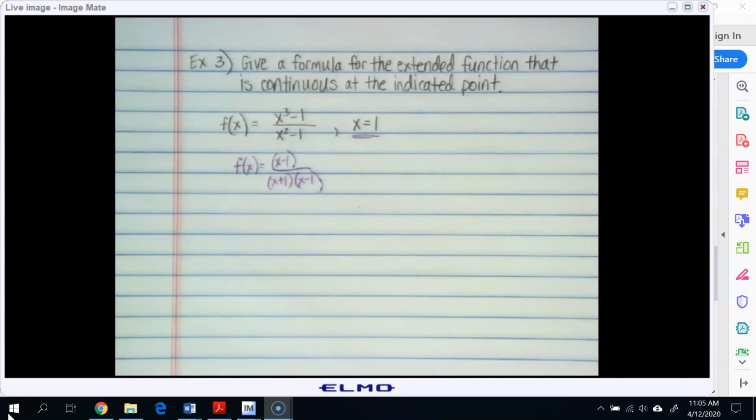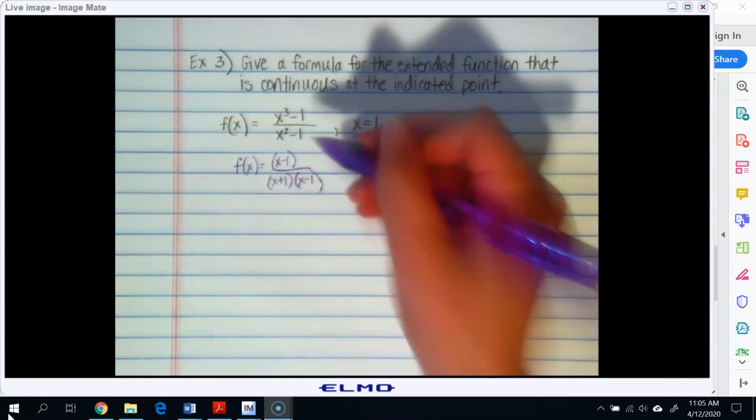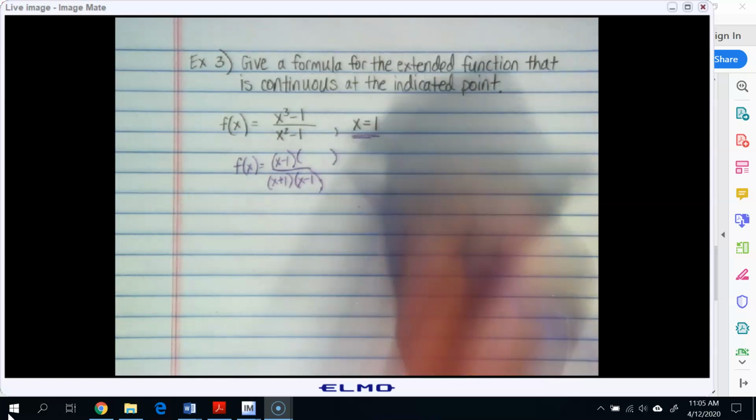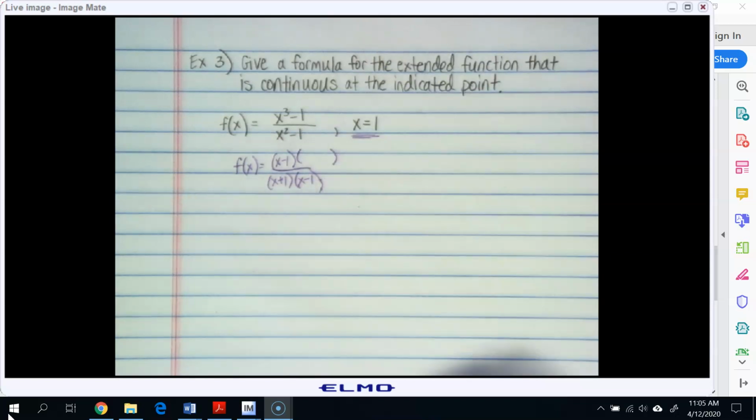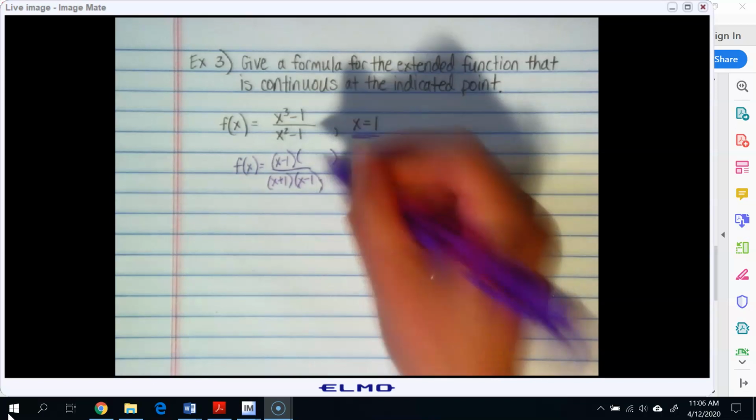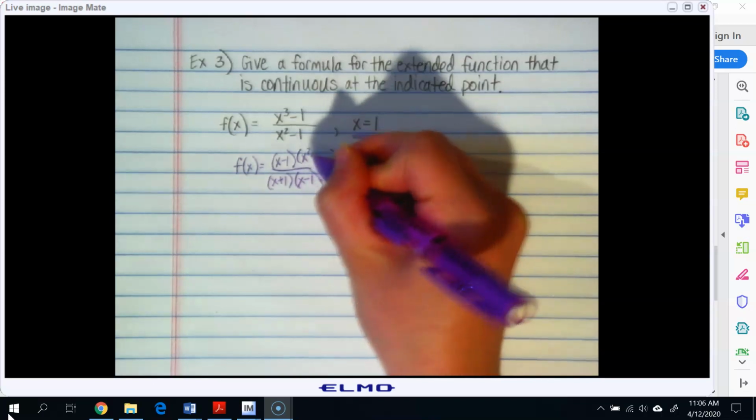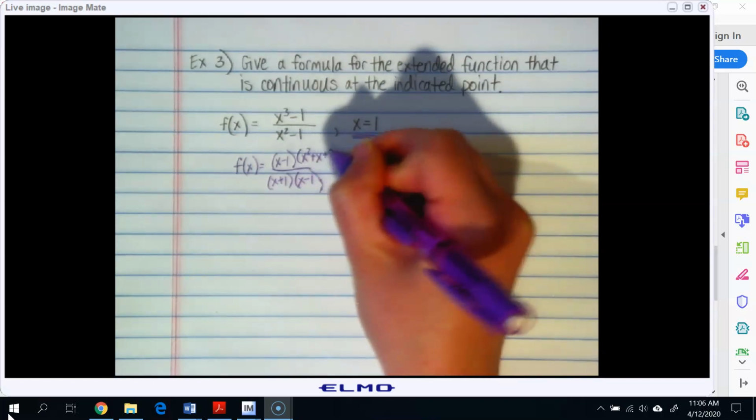This came up in another day's notes. If you forgot how this factors, you could just synthetically divide by x minus 1, and whatever you're left with is the other part of the factor. If you remember how to factor your difference of cubes, that would be a little bit quicker. This is how it would finish factoring.